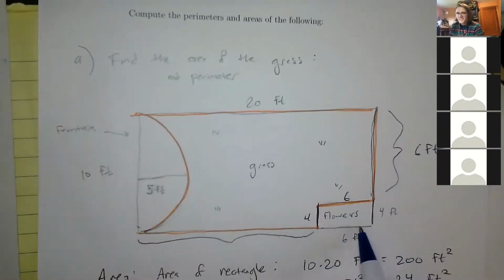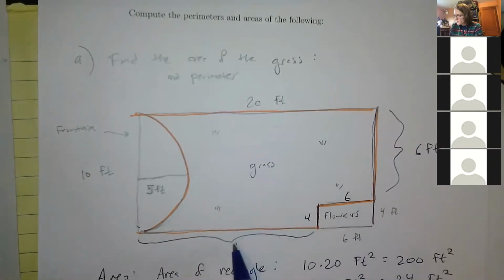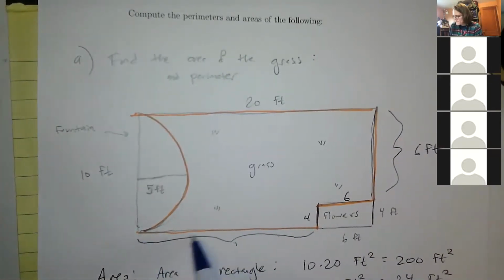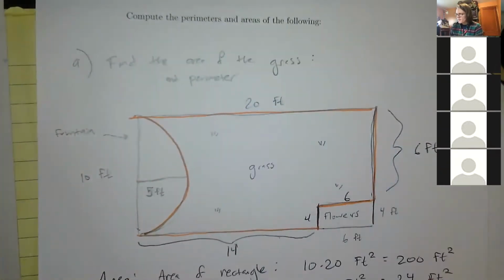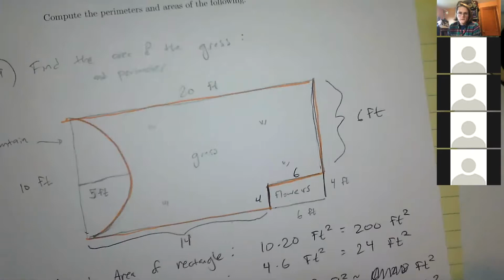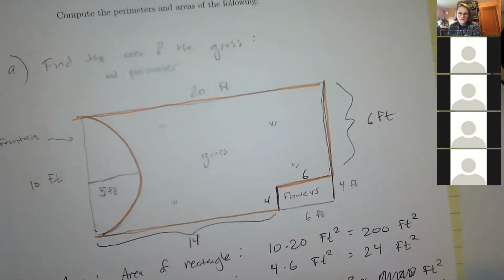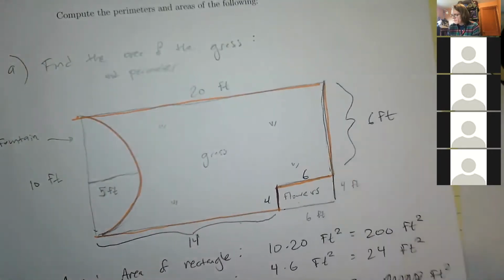This part of the flower bed is 6. So what is that part on the bottom? Yeah, 14. So we're just subtracting 6 from 20. You could also just do 20 plus 4, because the 14 plus... yeah, you can add that too. Yeah, 14.